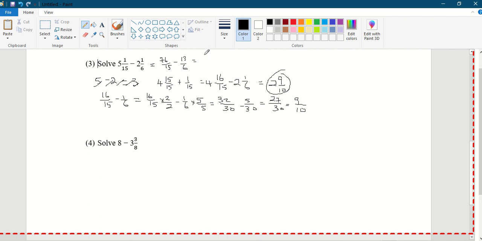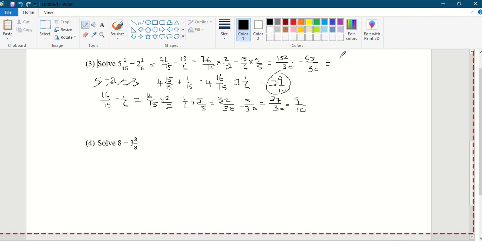So we can do something like this: 76 over 15 times 2 over 2 minus 13 over 6 times 5 over 5. So for the first one, multiplying these two, we get 152 over 30 subtract 65 over 30. And when we subtract those two numbers, 152 subtract 65, the number we get is 87.